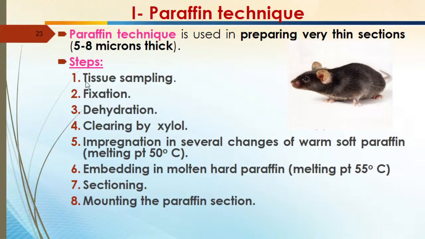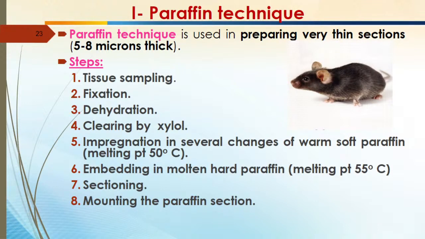And we also see here the steps of the paraffin technique. Step 1, tissue sampling; step 2, fixation; step 3, dehydration; step 4, clearing by xylol; step 5, impregnation in several changes of warm paraffin, melting at 50 degrees Celsius; step 6, embedding in molten hard paraffin, melting at 55 degrees Celsius; step 7, sectioning; and step 8, mounting the paraffin sections.